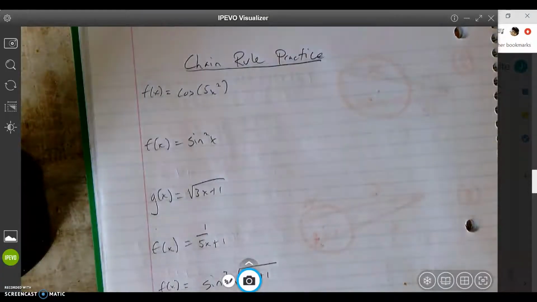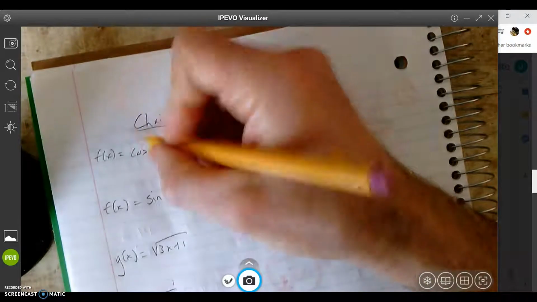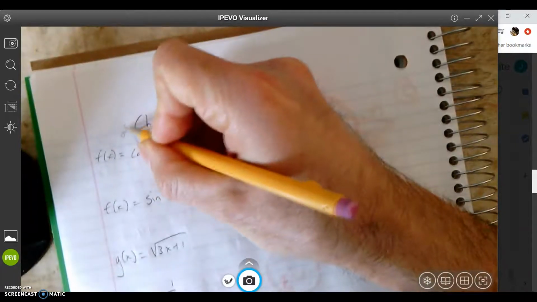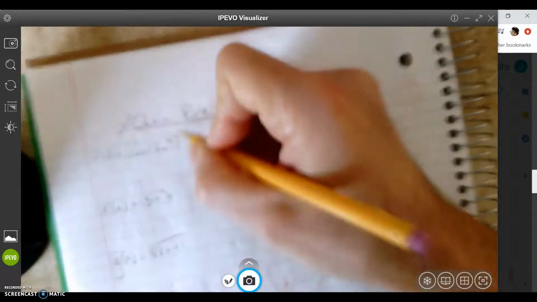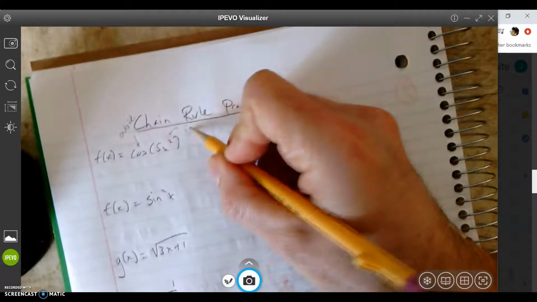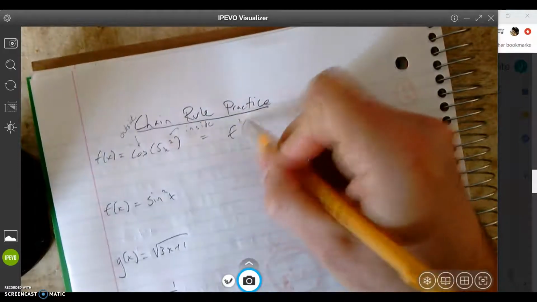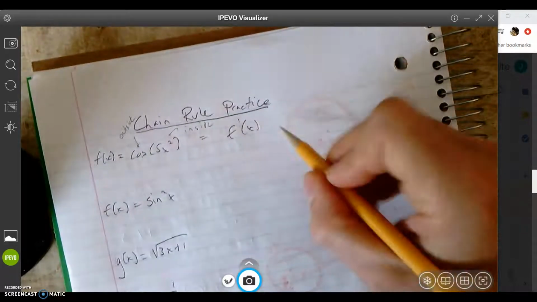All right, let's do it. So the first one, f of x equals cosine of 5x squared. So this is the outside, the cosine. And then inside you have a different function that you can find the derivative of. So this is the inside. So f prime of x, always make sure you have the correct notation.